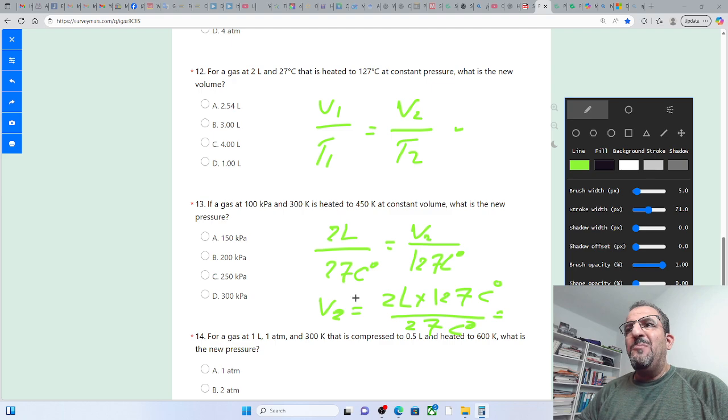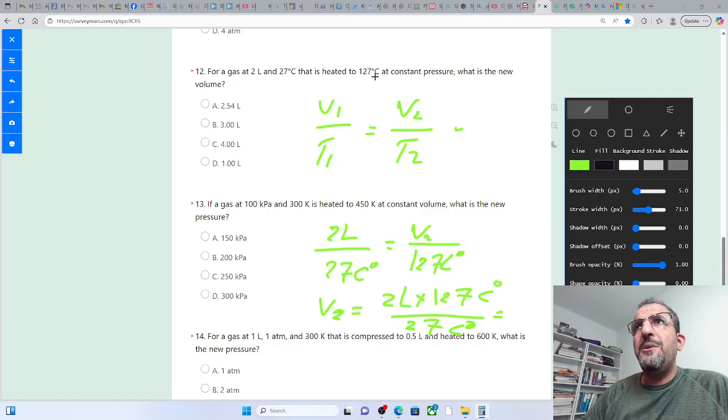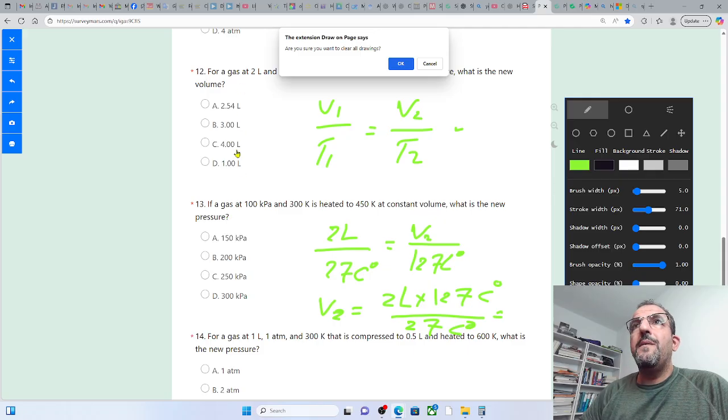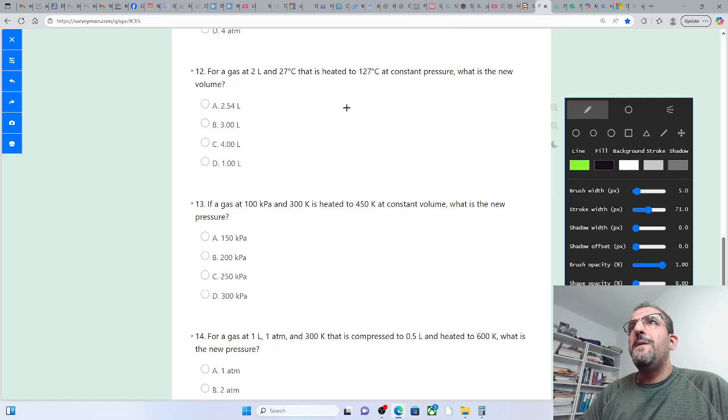I believe so. I believe we need to convert to Kelvin. So I have 127 Celsius and 27 Celsius. So let's do it with Kelvin and see what will happen.